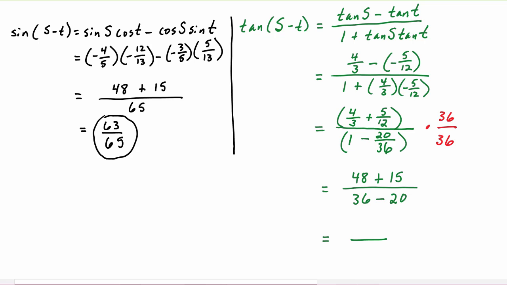In the numerator, we have 48 plus 15, which is 63. In the denominator, we have 36 minus 20, which is 16. So the tangent of S minus T is 63 over 16.